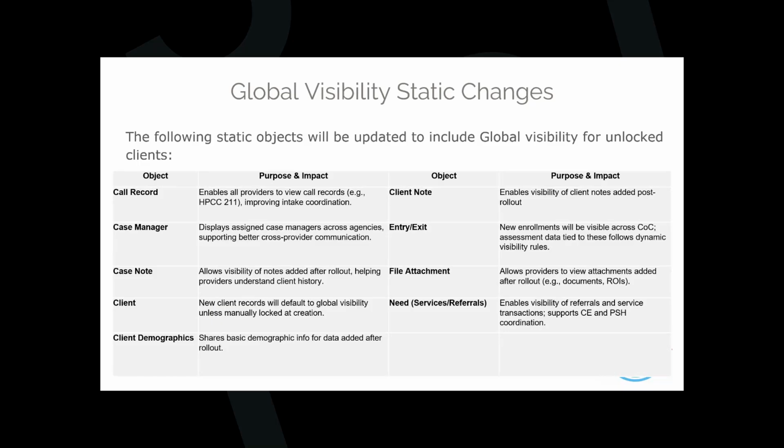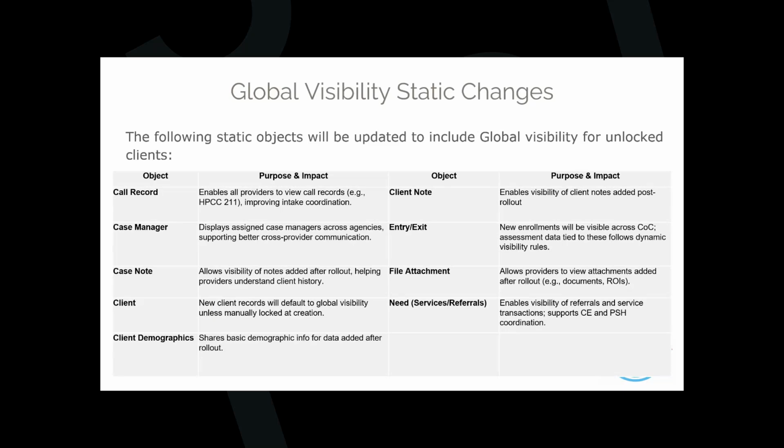So as I mentioned before, for the most part, at all agency levels, when you create a client at that level, it is going to automatically default that client to have global visibility. What this update is going to do for clients is now it's going to apply to all projects.